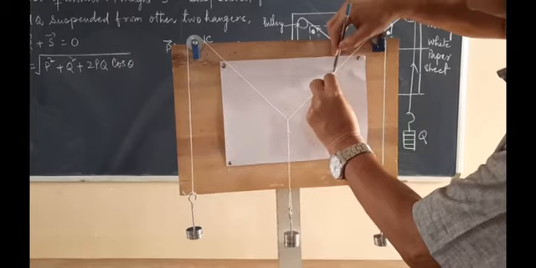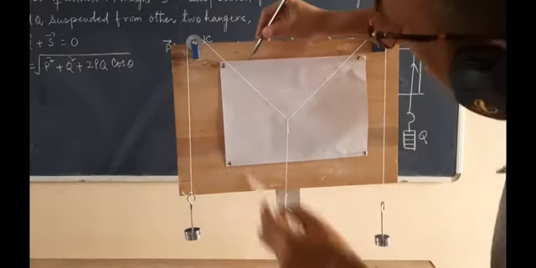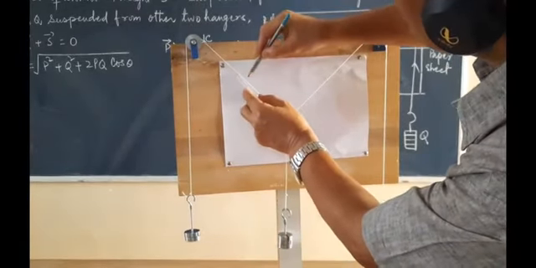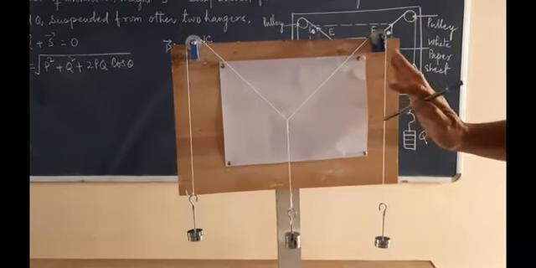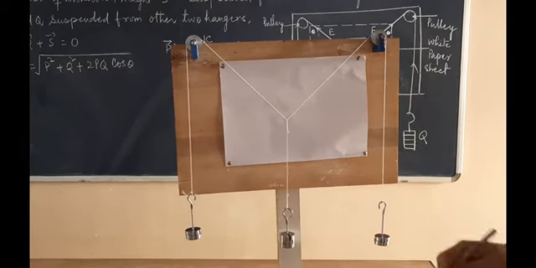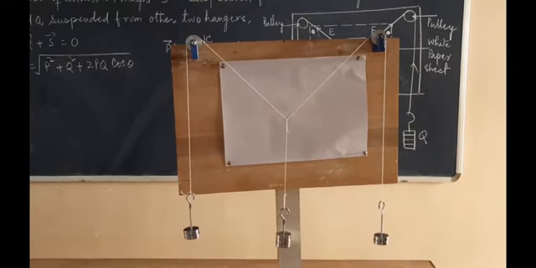Another mark is here. We can also mark keeping this vertical. So we have marked. After marking, I will show you how the lines or the vectors can be drawn.